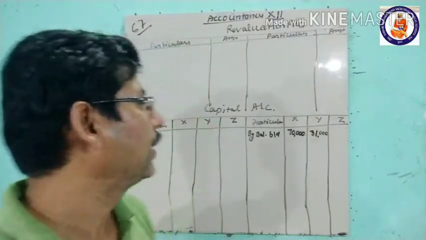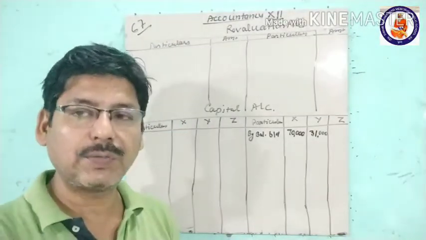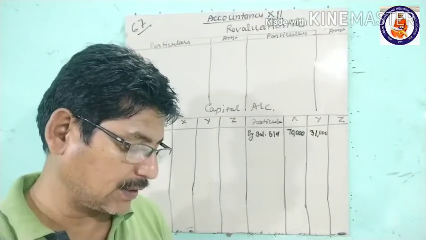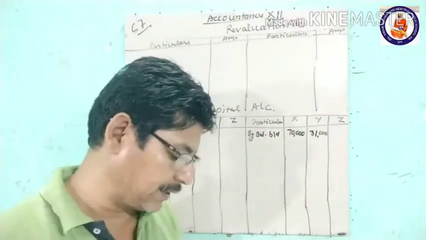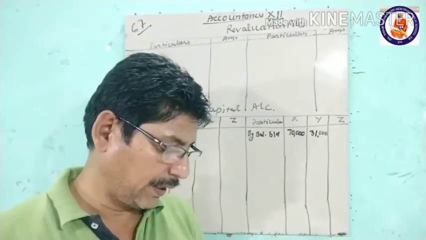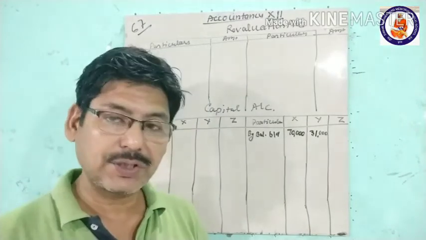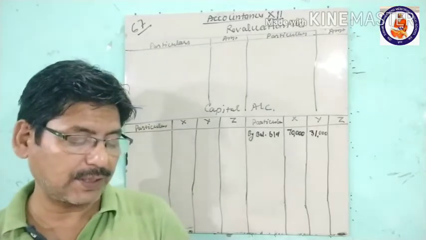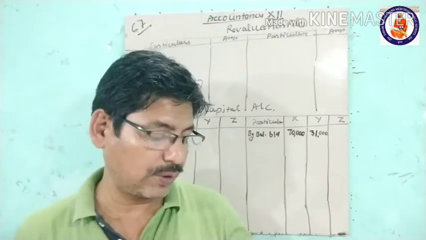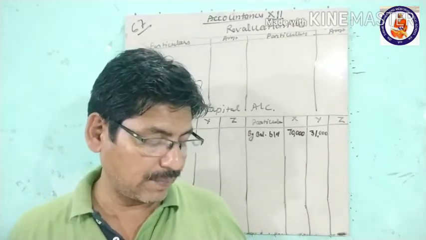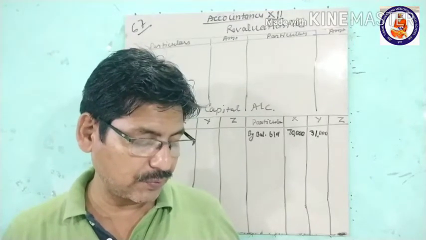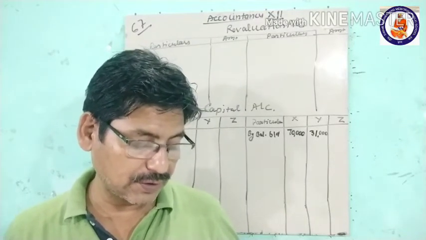So here in the old balance sheet, we see the capital balance is 70,000 and 31,000. Then there is the employees provident fund, which is not distributed to partners. And then comes cash at bank, debtors, provisions, stock, fixed assets, profit and loss account.